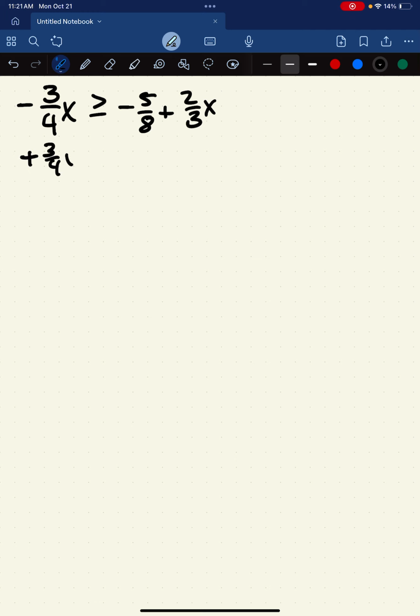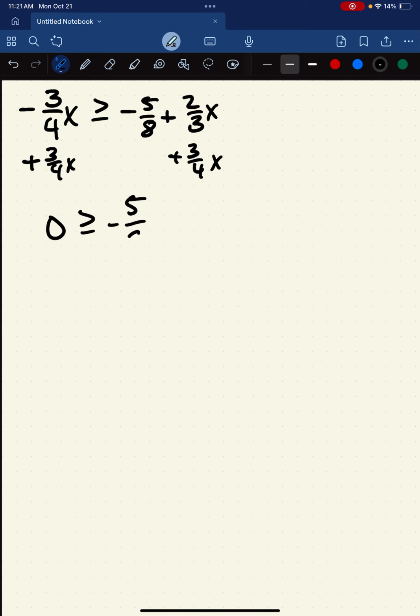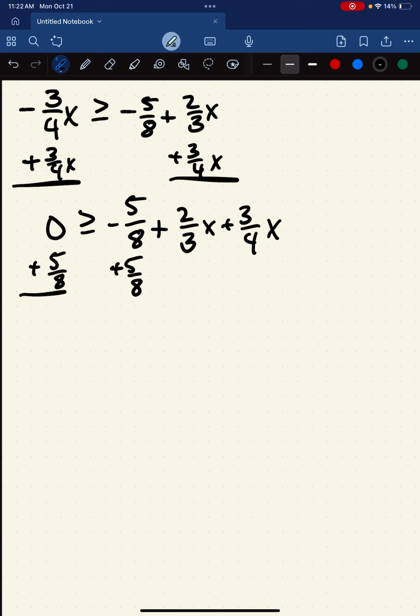So let's add 3/4 x to both sides. We get 0 on the left is greater than or equal to negative 5/8 plus 2/3 x plus 3/4 x. And then let's add 5/8 to both sides. We get 5/8 on the left is greater than or equal to 2/3 x plus 3/4 x.